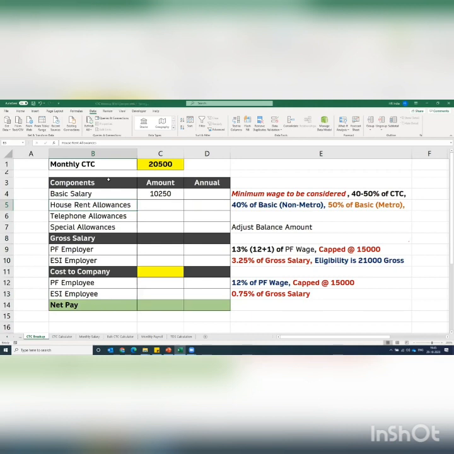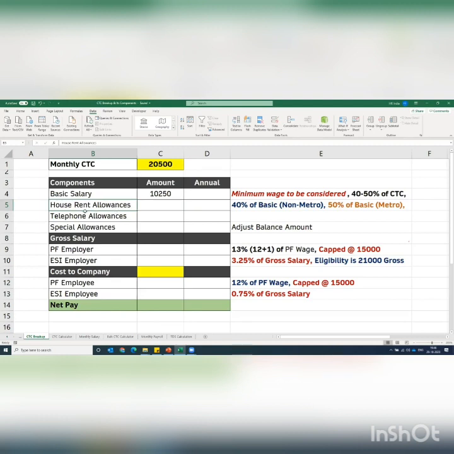The criteria is that for non-metro cities, we take 40% of basic salary, and for the metro cities, we take 50% of basic salary. Why 40% for non-metro and 50% for metro? The reason is tax applicability. Up to 40% of basic salary is tax exempted in the name of house rent allowance, and up to 50% of basic salary for the metro cities is tax exempted.